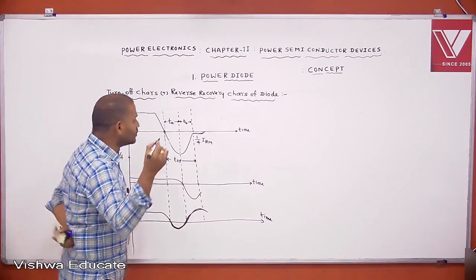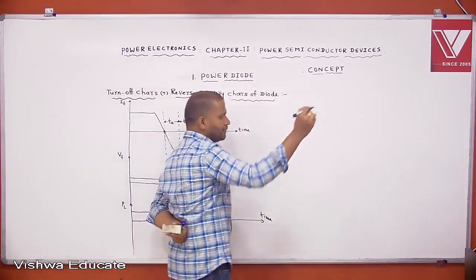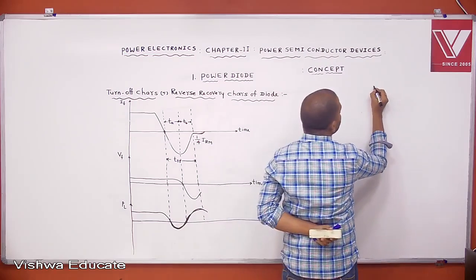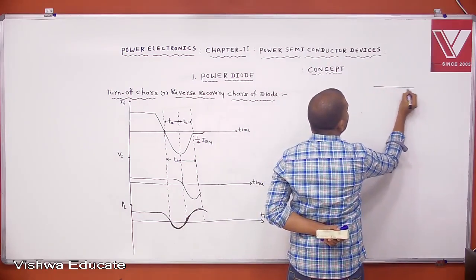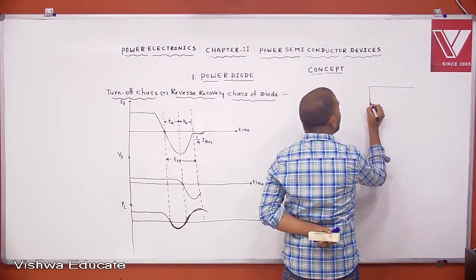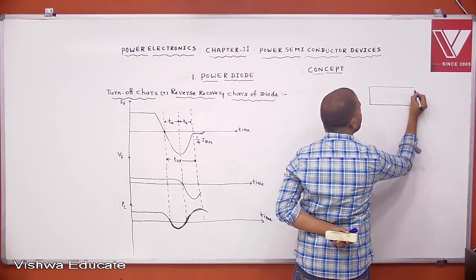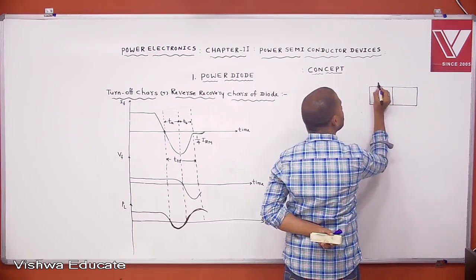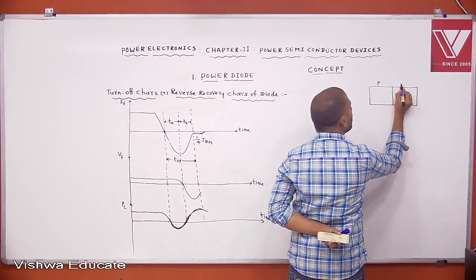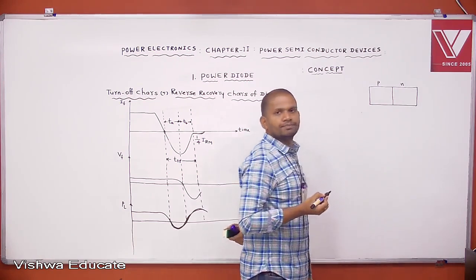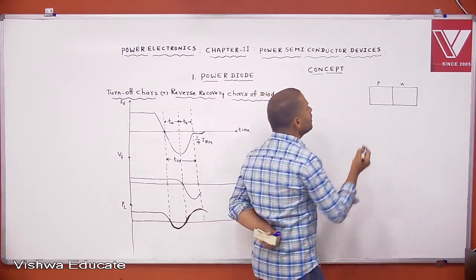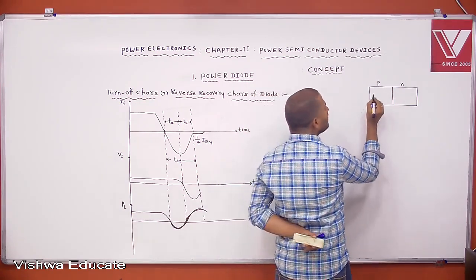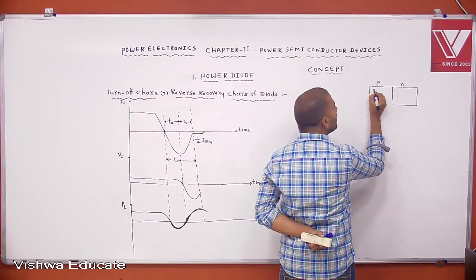For example, let us assume that initially the diode is forward biased and conducting. This is the P layer and this is the N layer. We know that in the P layer the majority carriers are holes.